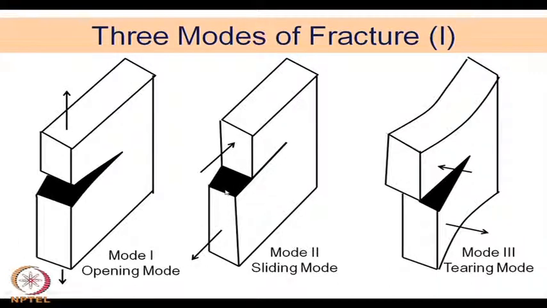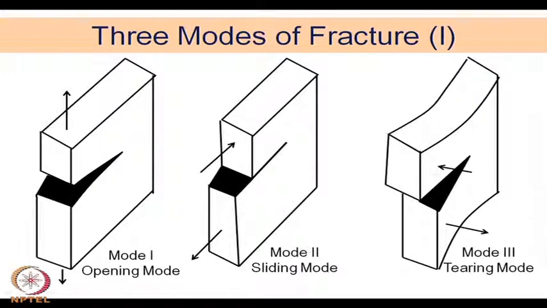Here the crack is moving along the direction of the applied stress. This is what we call a sliding mode, and one can very well distinguish between the orientation of the stress and the crack here and there.